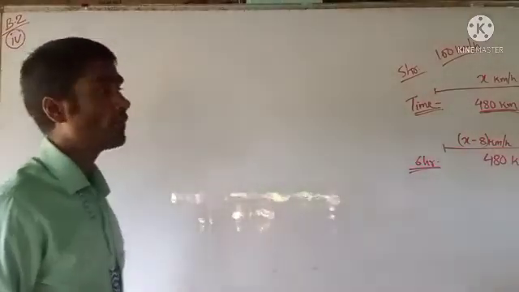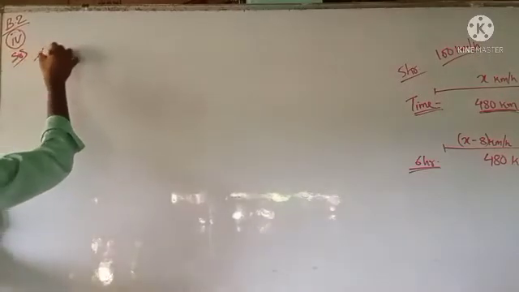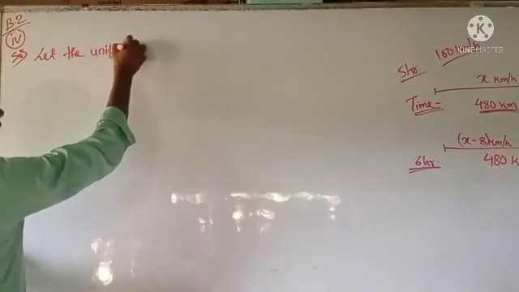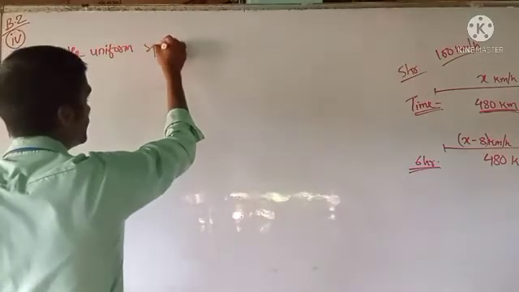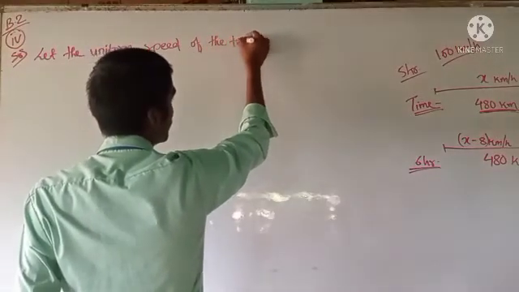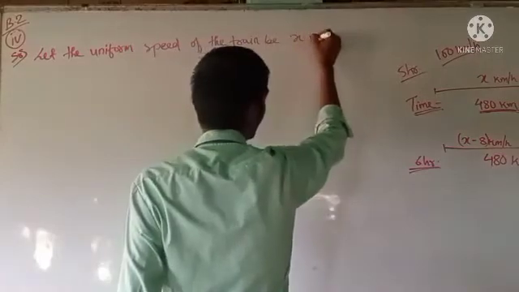So now let us try to find the equations. We will let the uniform speed of the train be x km per hour.